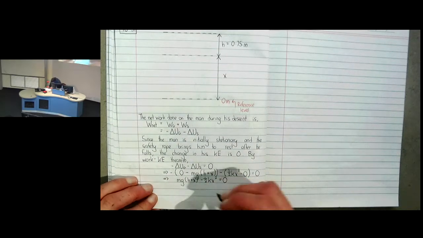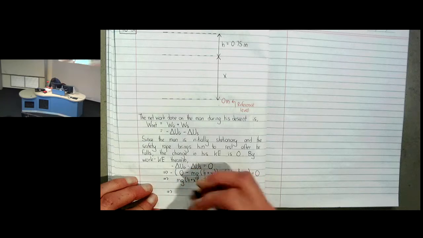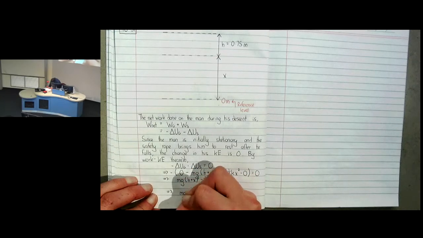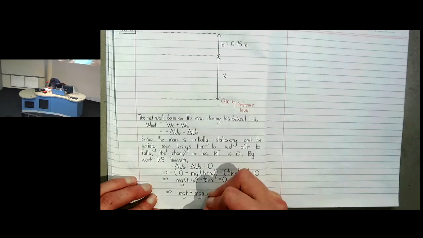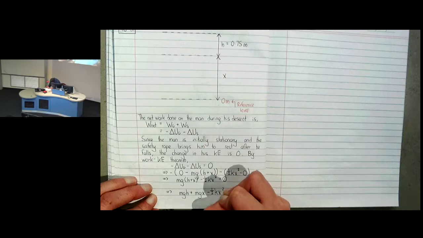Now if we just expand out these brackets, we find that mgh plus mgx minus a half k x squared is equal to 0.